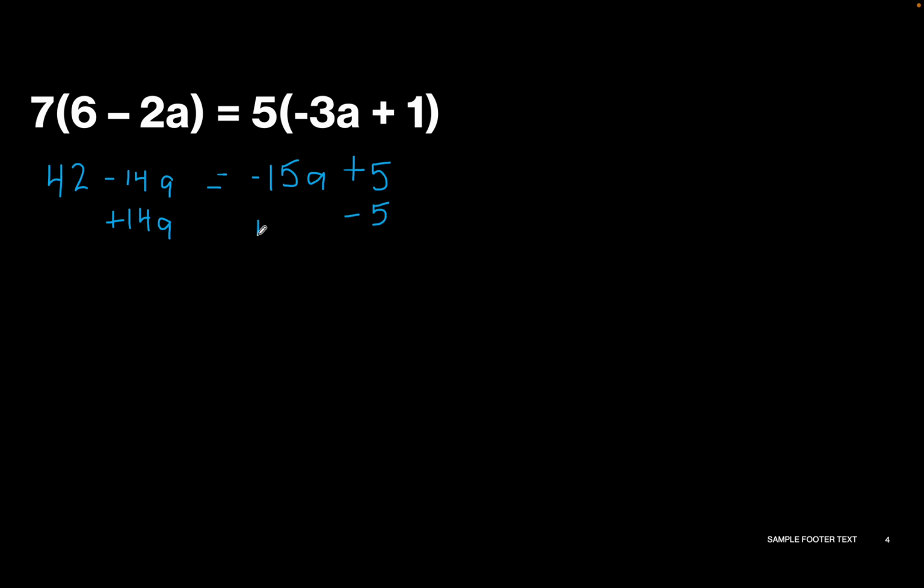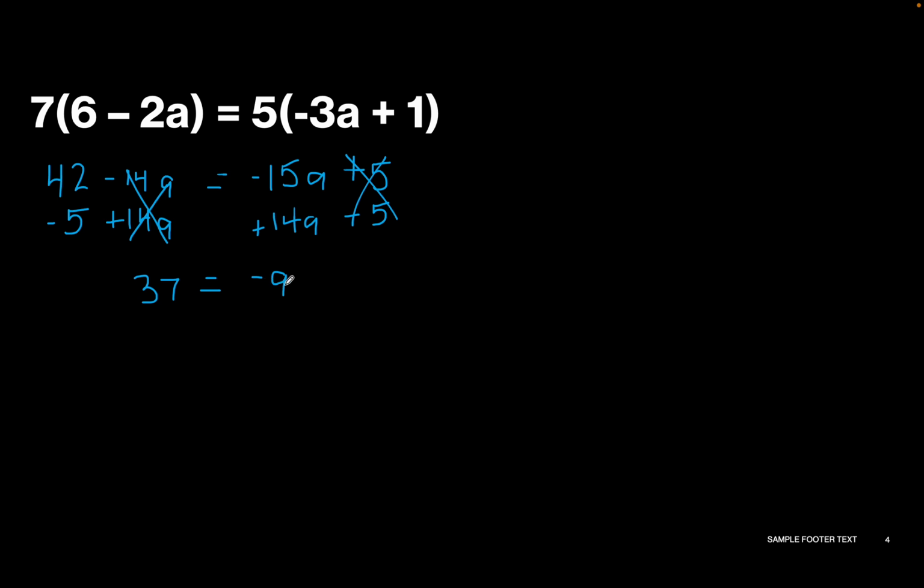Of course, what I do to one side, I must do to the other. We get rid of this and this. Minus 15 plus 14a is negative a, and 42 minus 5 is 37.